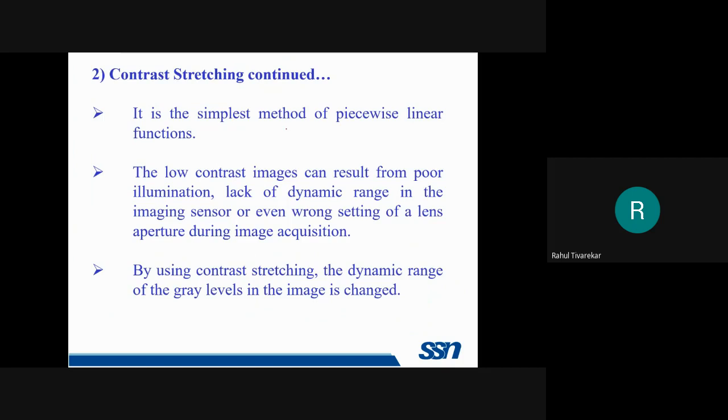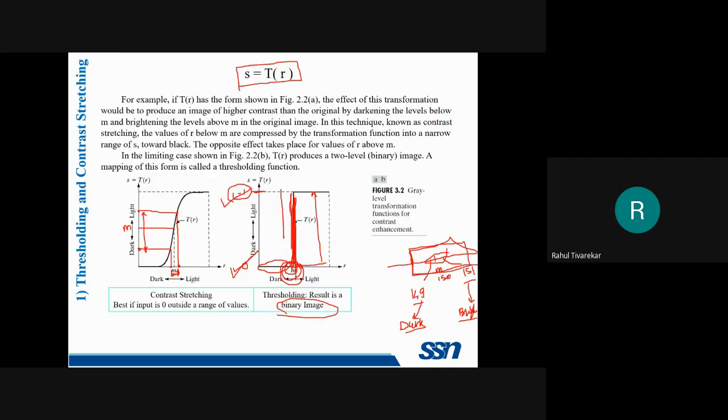It is the simplest method of piecewise linear function, as we say. It is linear from here to here, but it is kind of non-linear from here to here because it is a kind of curve. Instead of this kind of shape, if I have a constant line from here to here, a constant line from here to here, and a straight inclined line from here to here, then I have a straight line here, so this is linear.